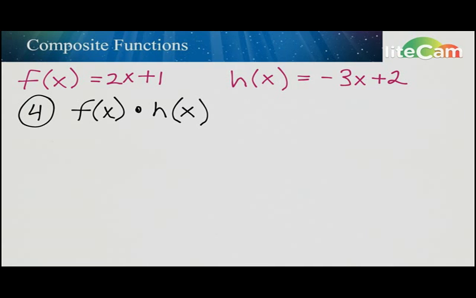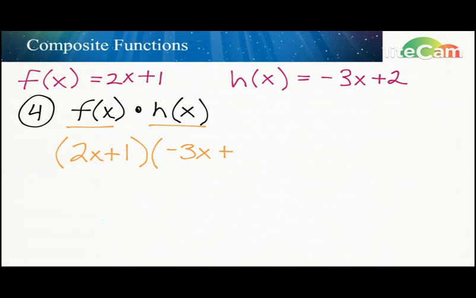We're going to take the expression for f of x and the one for h of x. Okay, again, put the parentheses around the expressions to make sure that you understand what to do. Notice that when you have parentheses around two binomials, a binomial is an expression with two terms, this means that you need to FOIL.